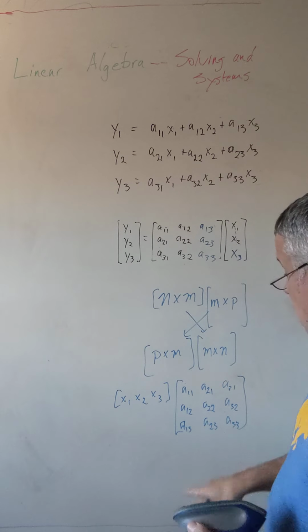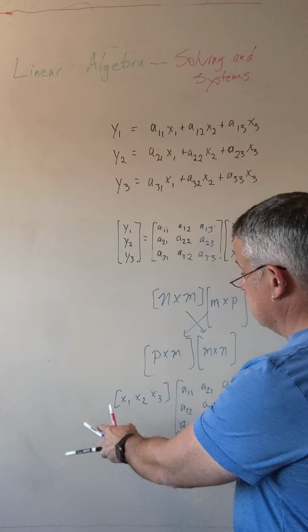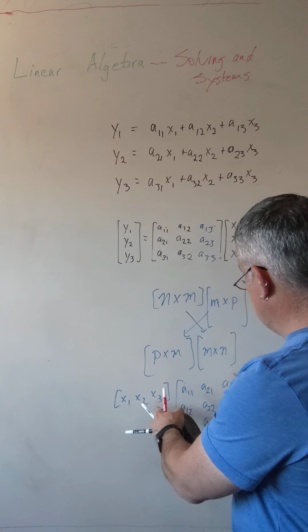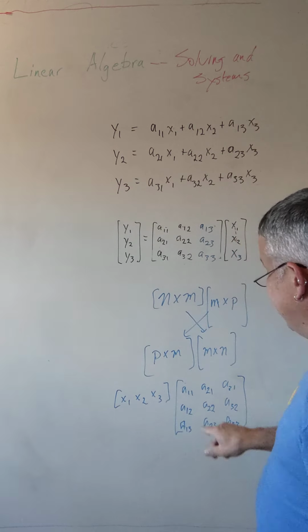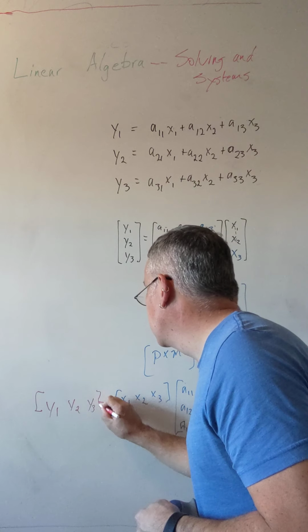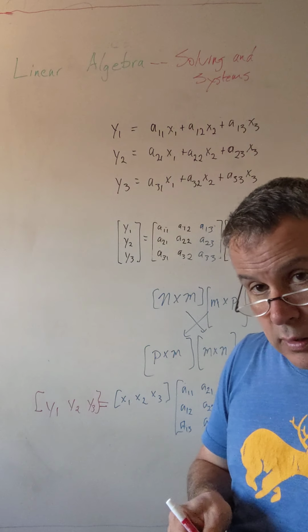Okay. What do we get if we multiply this? Now we're doing a funny kind of operation because here's our columns. So it's a column times a row, plus a column times a row, plus a column times a row. And what we end up with is the 3 rows of this equation written instead as 3 columns of this equation. So this would be equal to y1, y2, y3, now written as a row vector.